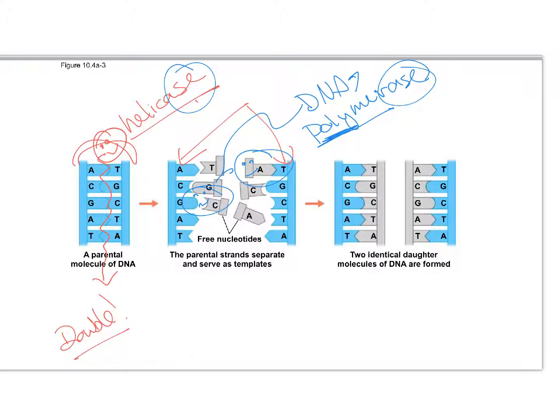So here it goes, and then they're going to add on these corresponding nucleotides in each one of the new spots. So what ends up happening is we have two identical DNA strands, okay? So half of it's new, and then half of it is actually from the parent. And so that's how we get that semi-conservative model. All right, because part of it is conserved, right? And that would be how we kept part of the parental strand in there.